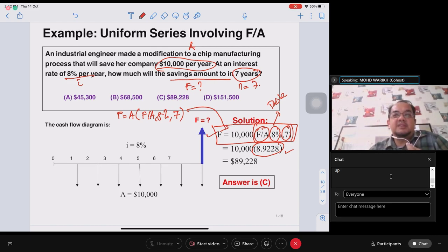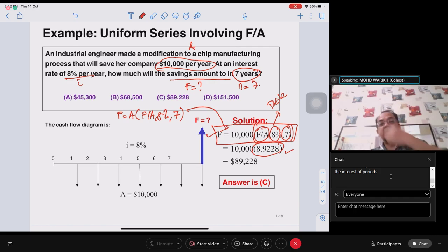Okay, I understand. The English here is quite confusing. Don't worry about it. In the exact question, it's quite clear. Maybe in this example you're confused about the word here. But you have to bear in mind whether you pay every year or you receive every year, inflow or outflow.